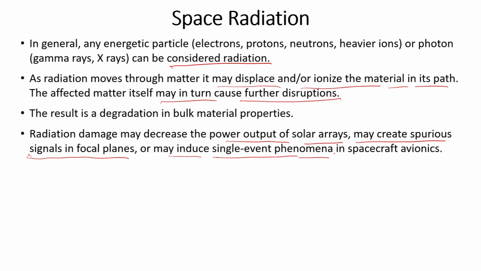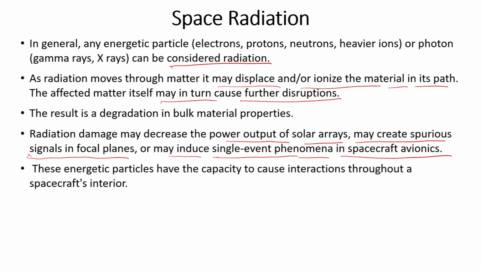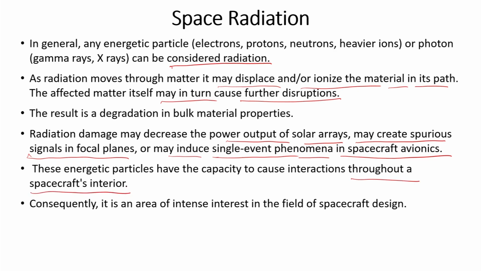This is called single event upset, we will be discussing it, and this happens in all spacecraft avionics. And these energetic particles have the capacity to cause interactions throughout the spacecraft interior, that also we will see in detail. Something we discussed in our plasma environment, that is called internal charging.